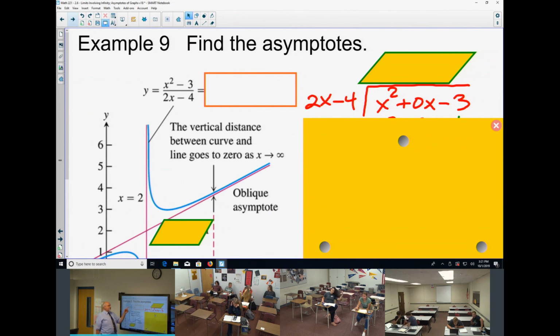So you set up your polynomial division, you put your numerator underneath the quotient bar, and remember in polynomial division, your polynomials must be in descending order, and you have to have all your placeholders. So here you have x squared plus 0x minus 3, and then your divisor goes on the outside.